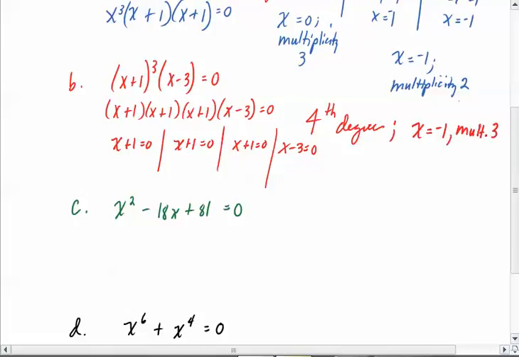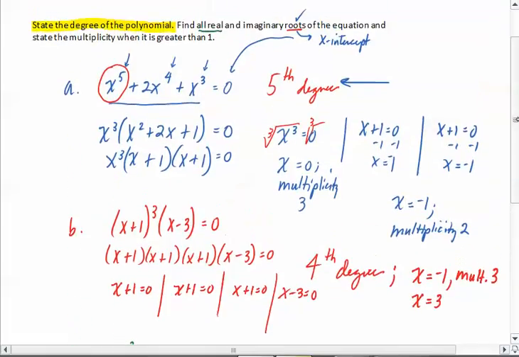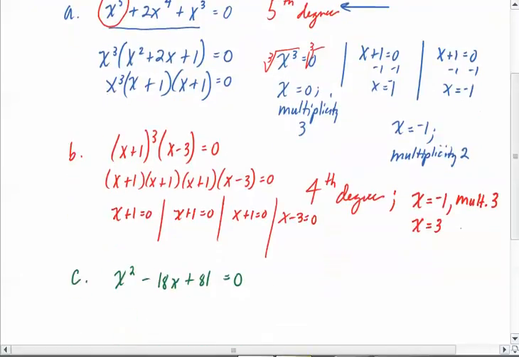X is -1, multiplicity 3, and x is 3. Now notice the direction said, state the multiplicity when it's greater than 1. So this one here is not a multiplicity greater than 1. The 0 is at 3 only one time.